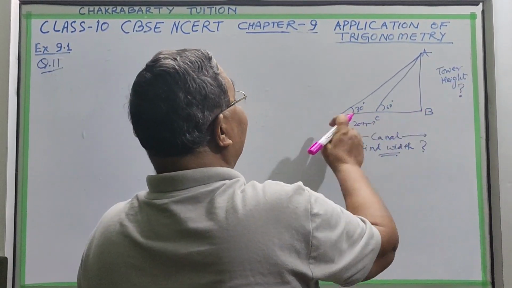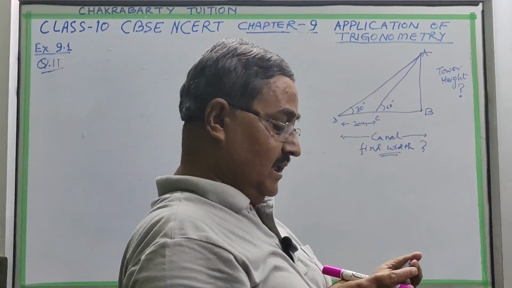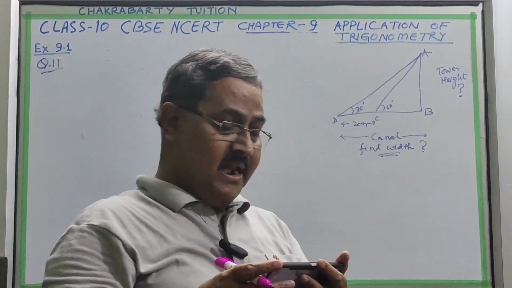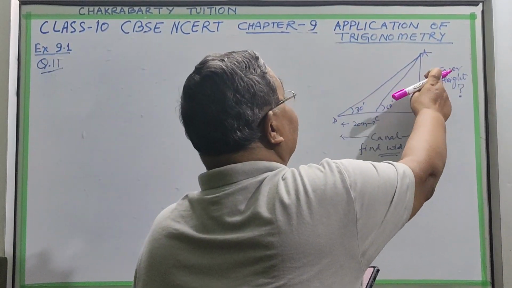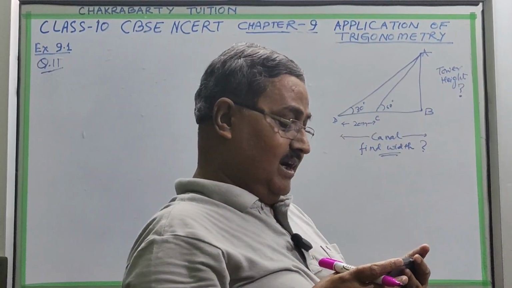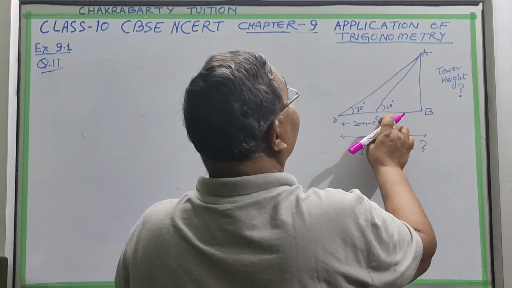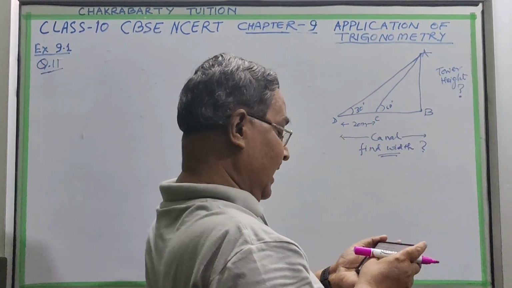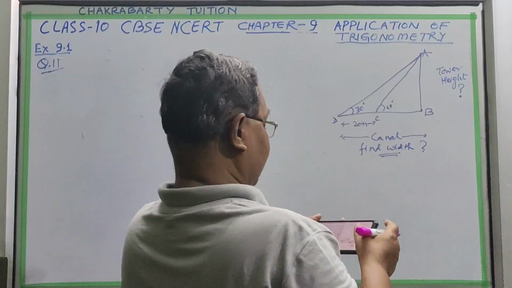So one side and the other side. Other bank means the other side, directly opposite the tower. This is the tower and it is directly opposite to the tower.